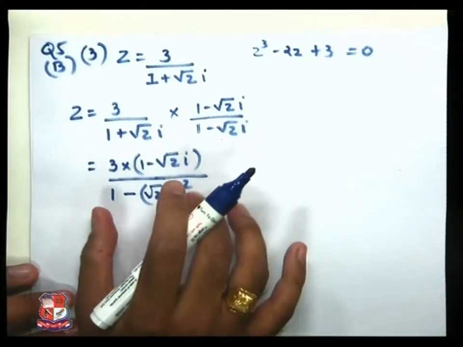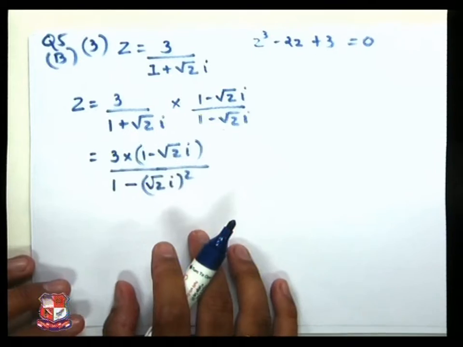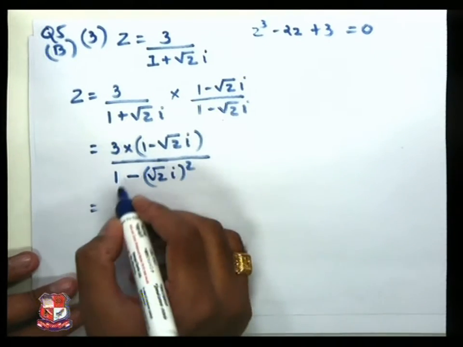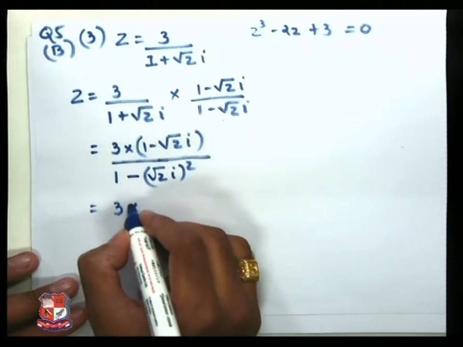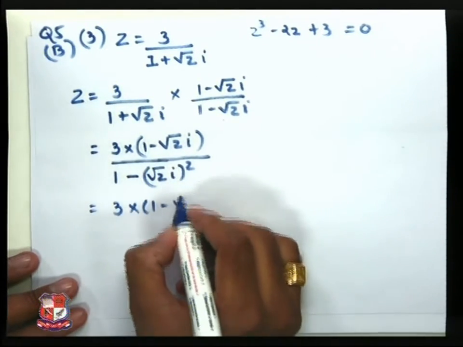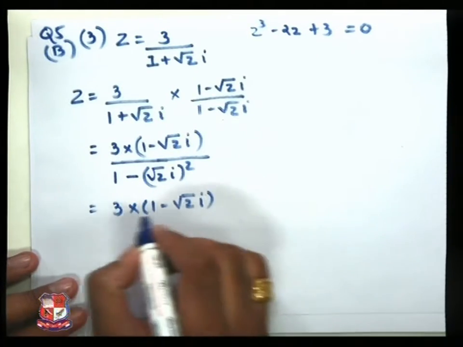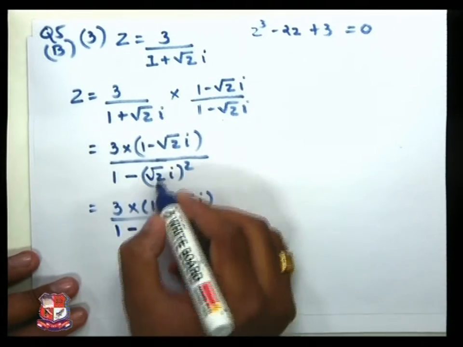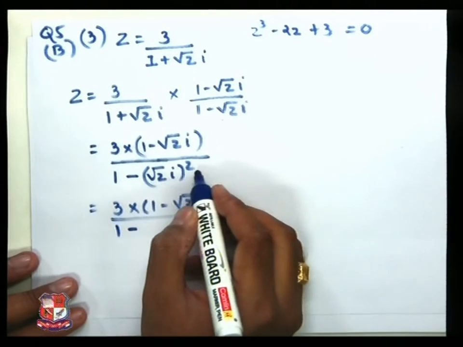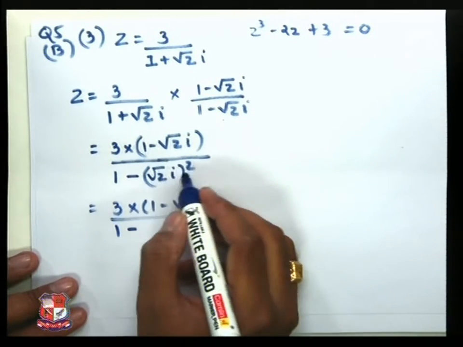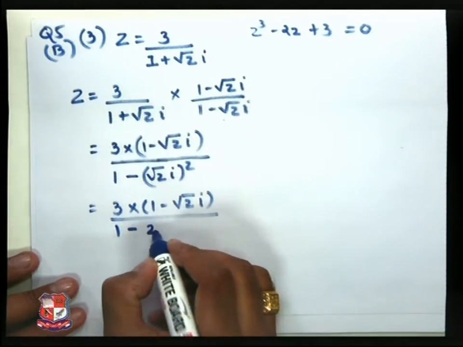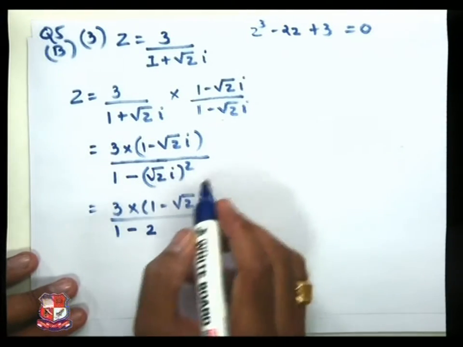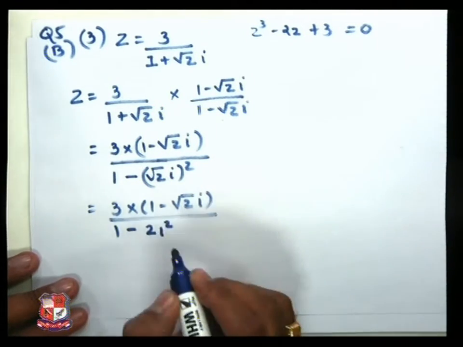Now we simplify the numerator and denominator. Under root 2 square becomes 2, and i square stays as it is.